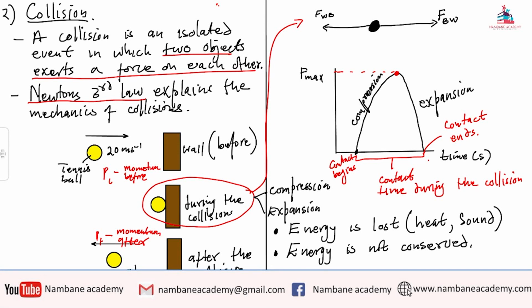What is the mass of the tennis ball? The mass is given as 0,057 kg. Remember, if the mass is not given in kg, ladies and gentlemen, you must convert the mass to kg. Very, very important.